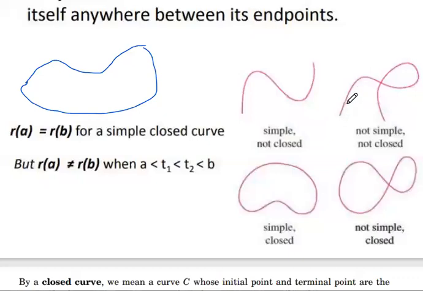For a simple closed path, the vectors at the initial and the ending point are the same, but in between you don't see any intersections.